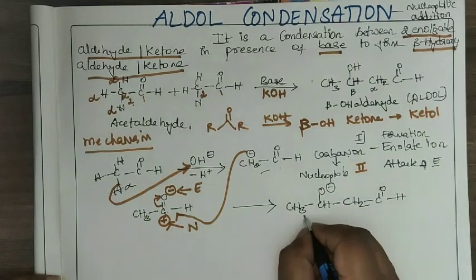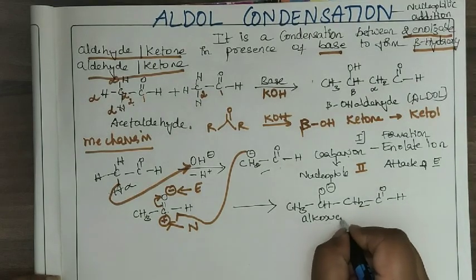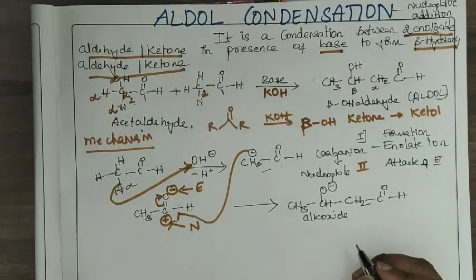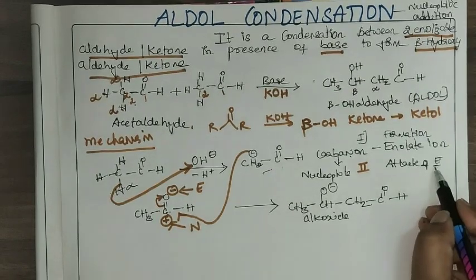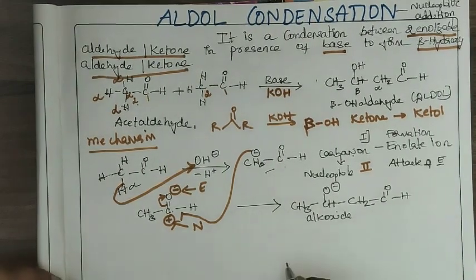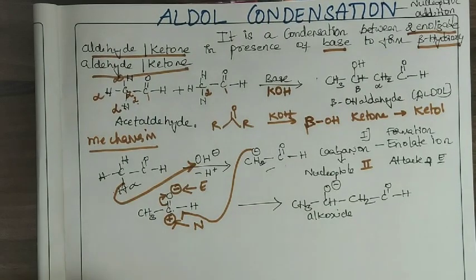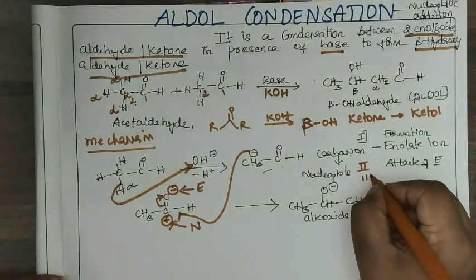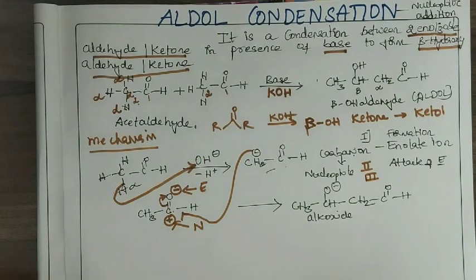So this is the alkoxide intermediate formed in the second step when enolate ion attacks the electron deficient carbon. Once the alkoxide ion is formed, it will undergo protonation. So the third step is protonation.